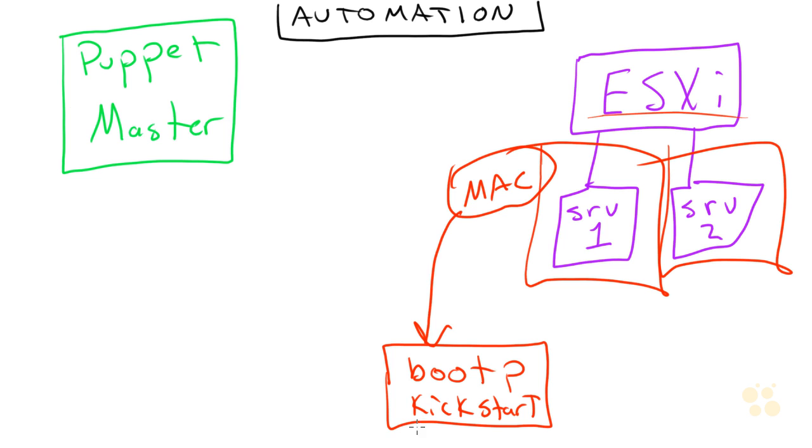They initialize a kickstart installation of Ubuntu, and then based on whatever this MAC address is, it actually checks into the Puppet server and determines what type of server is spun up.